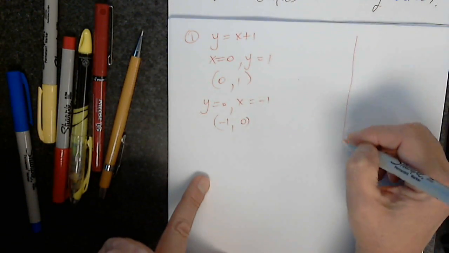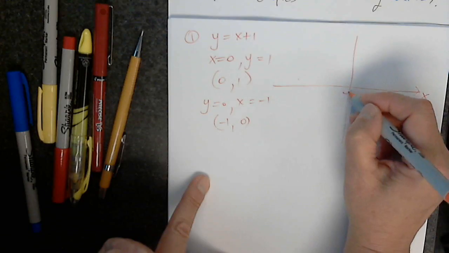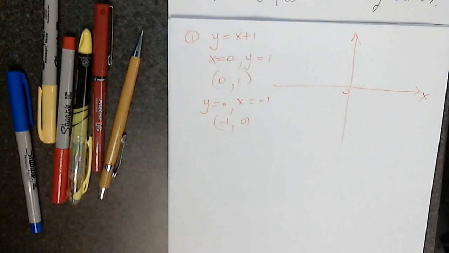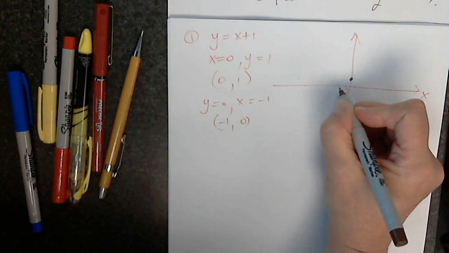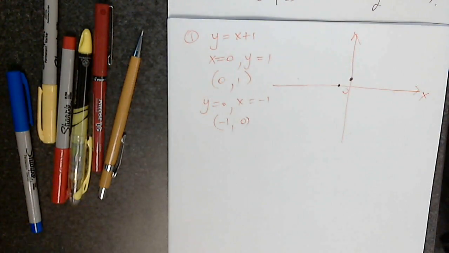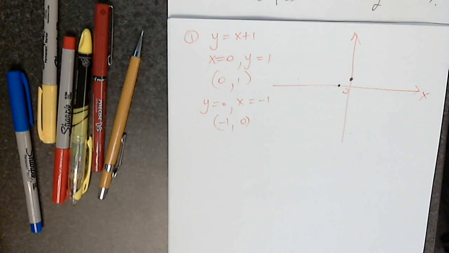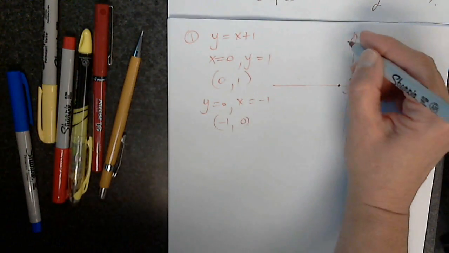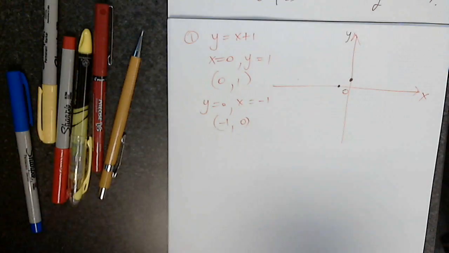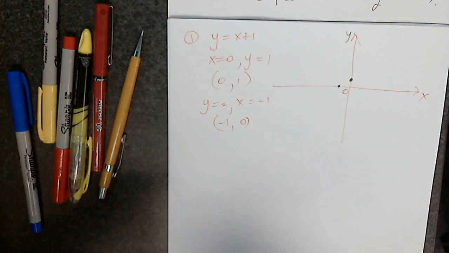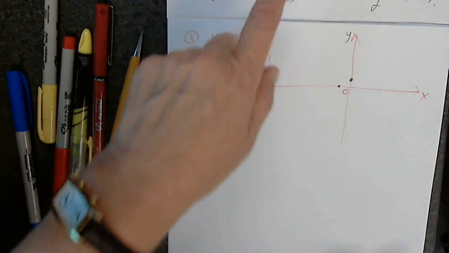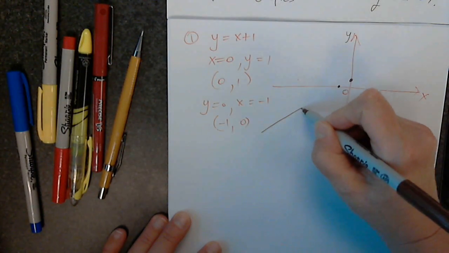Perfect. So now let's graph. So I plot those 2 points, 0, 1, and negative 1, 0. And now I stop and look. Can you please identify whether I have to graph a solid line or a dotted line? Solid, because of the equal symbol here. Correct. So I graph and extend a line.